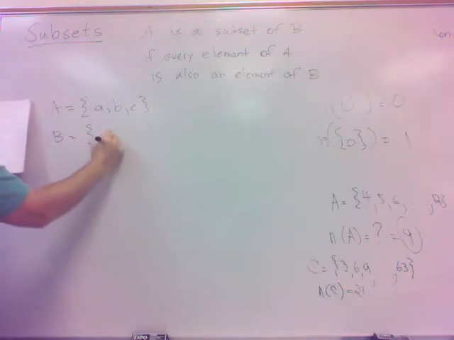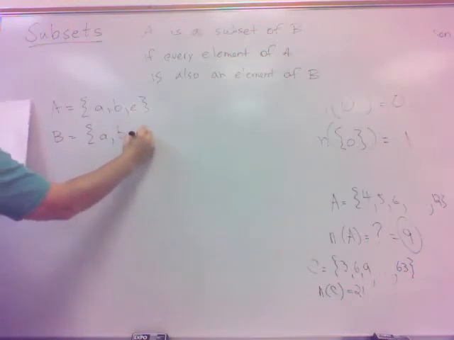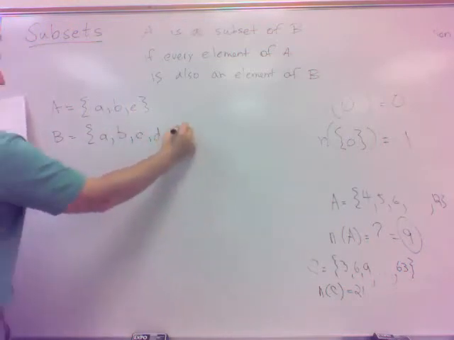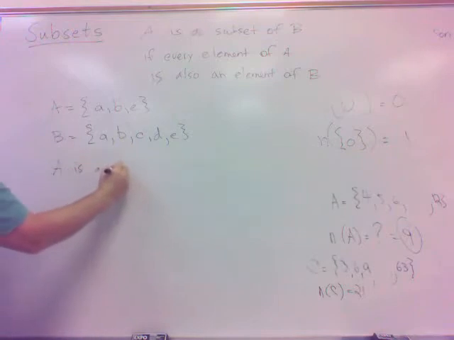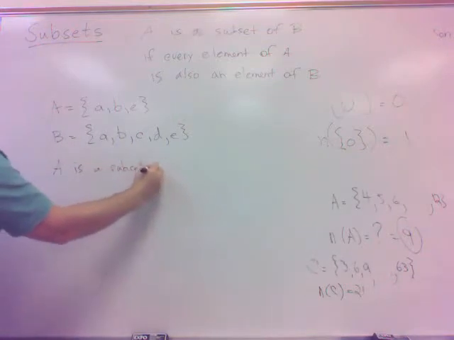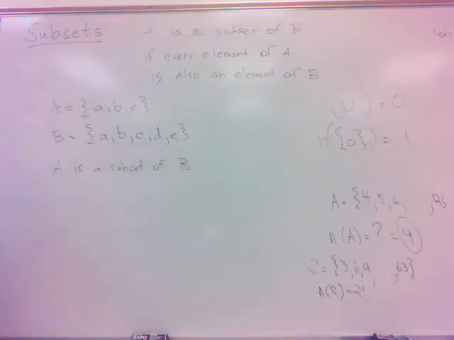B is A through E. A is a subset of B there, isn't it? Every element of A is an element of B. That's what I mean by subset.